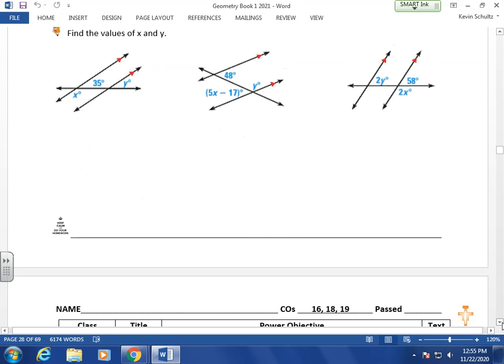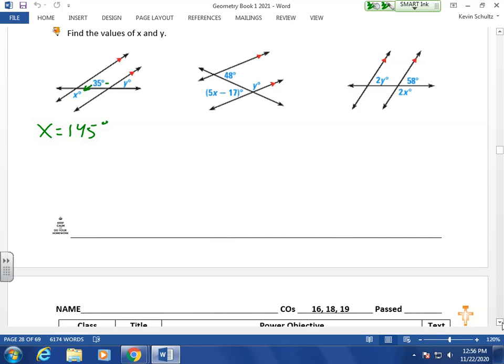Find the values of x and y in each of these here. All right, same kind of thing that we've been working with. In that first one, I can go and get x or y first, actually. The relationship between 35 and angle x, they make a line. So it's a linear pair. So subtract 35 from 180, and we get the measure of angle X. In this case, actually, I wouldn't put the measure of just X equals 145.